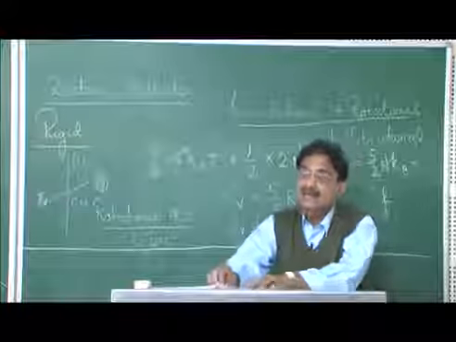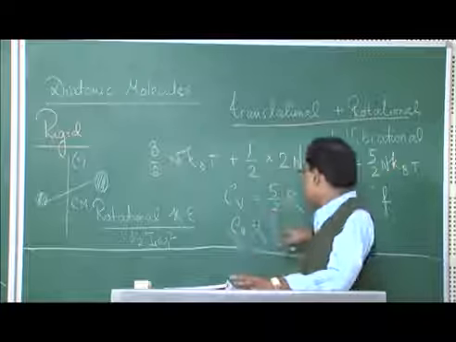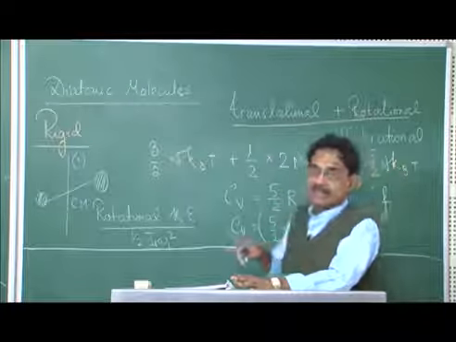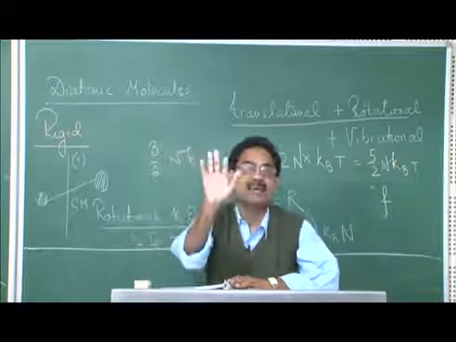So the idea is to count appropriately the degrees of freedom and vibrational modes; for each F, one kinetic and one potential, giving me a kT.